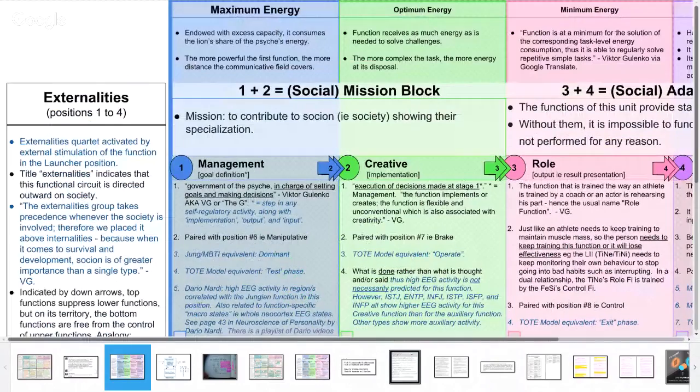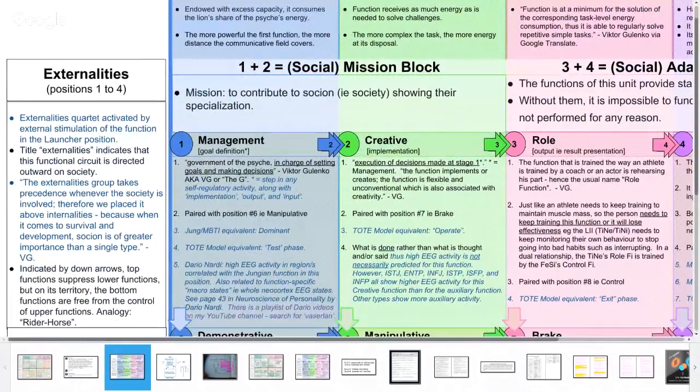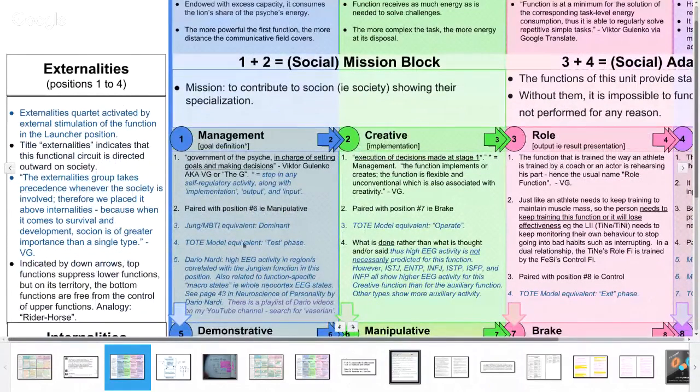Externalities. The externalities group takes precedence whenever society is involved. Therefore, we placed it above internalities, because when it comes to survival and development, society is of greater importance than a single type. Okay, and then here's a good bit here.